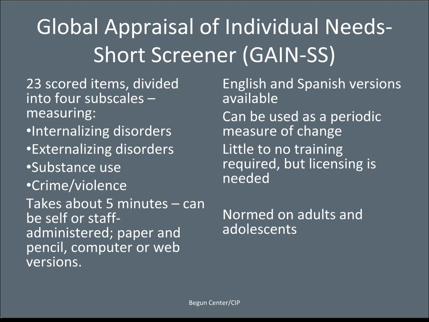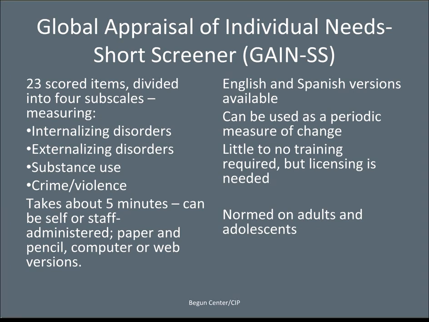It doesn't have to be used just as a screener, but it can also be used to measure change across the course of treatment. Little to no training is required for the administration of this, but licensing is required to get access to it. So not a lot of training involved in it, and it's pretty self-descriptive, but you do have to be licensed through the GAIN network in order to get access to it.